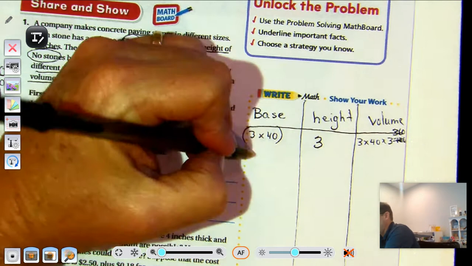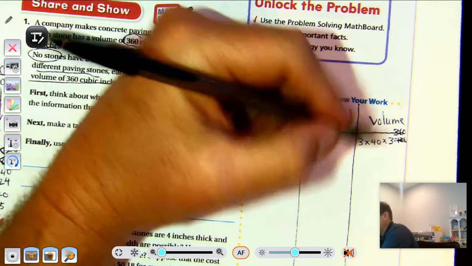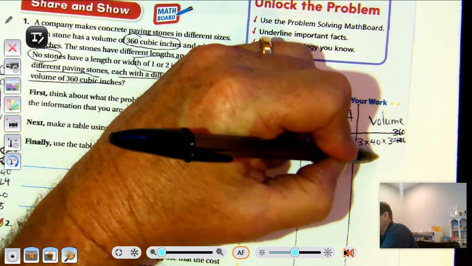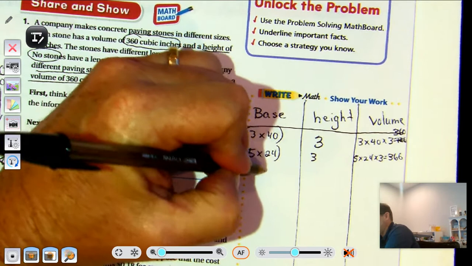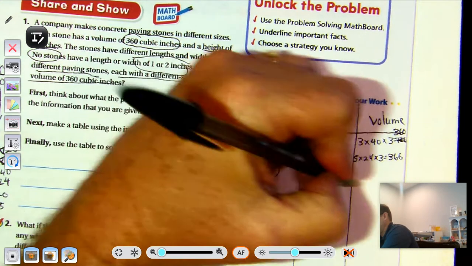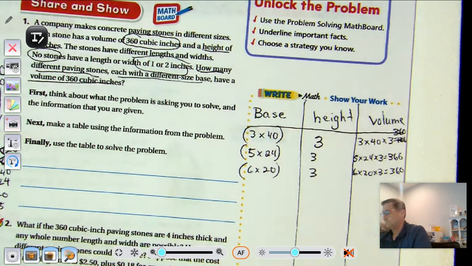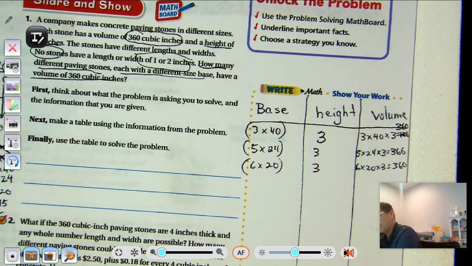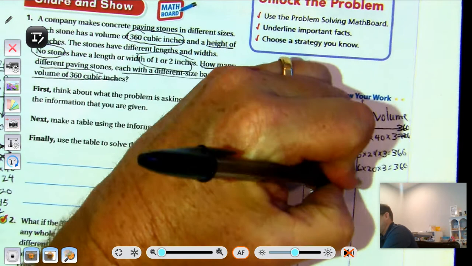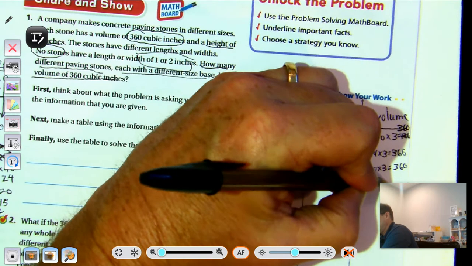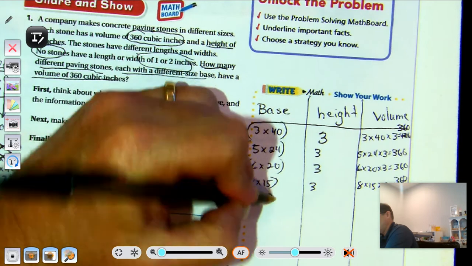Let's go to the next one. 5 times 24 times 3. 6 times 20 times 3. 8 times 15. 10 times 12.